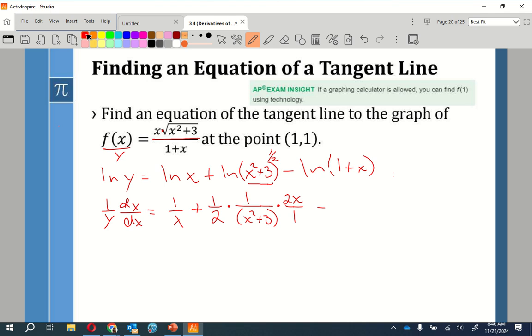Minus sign. Right here, this is also going to be a u, but 1 plus x, the derivative u prime is just going to be 1. Okay, so I could just treat it as is, so it's going to be 1 over 1 plus x.